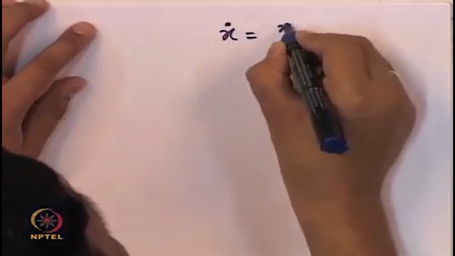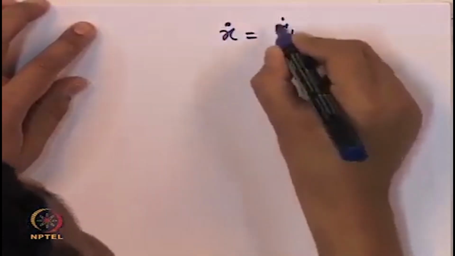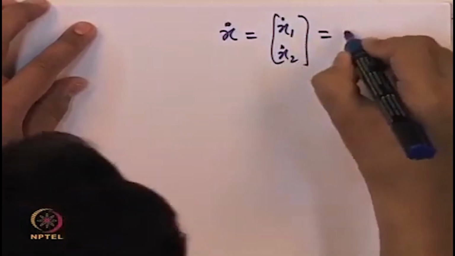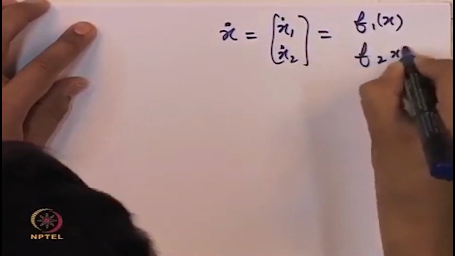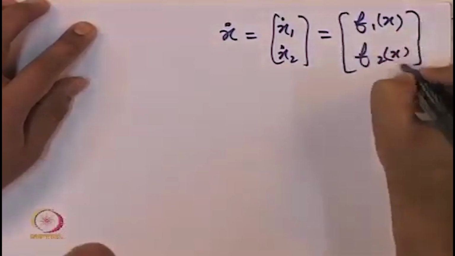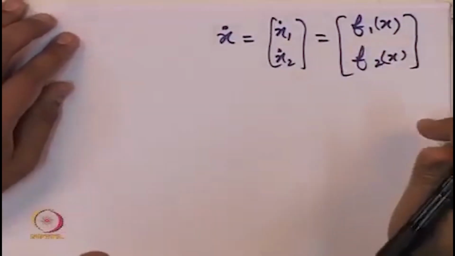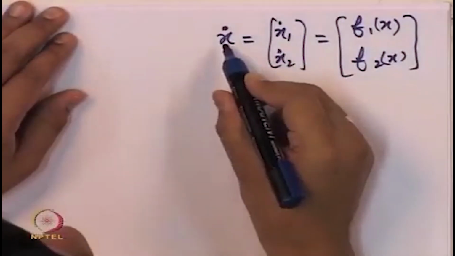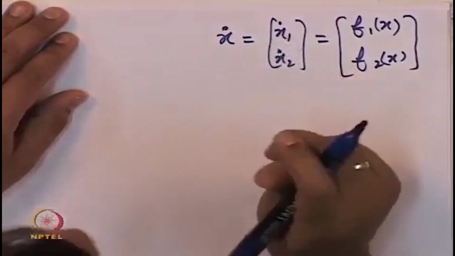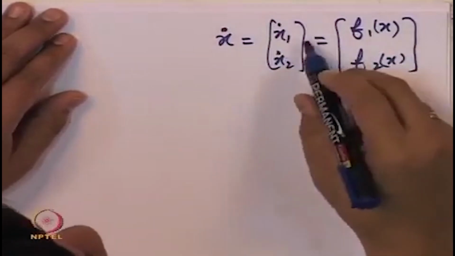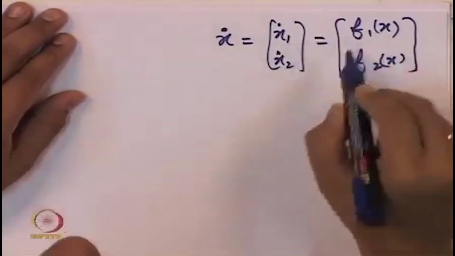So x dot, which is x1 dot, x2 dot, is equal to f1 of x, f2 of x. This is our dynamical system. As I said, we are considering evolution of trajectories in a plane. So x has only two components, x1 and x2, and hence this differential equation has only two equations.